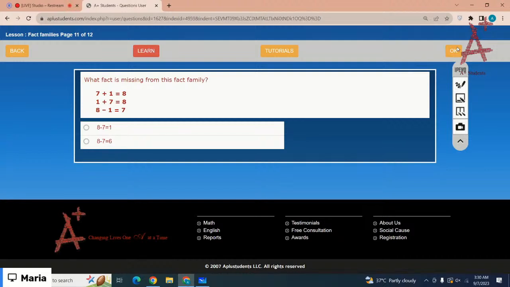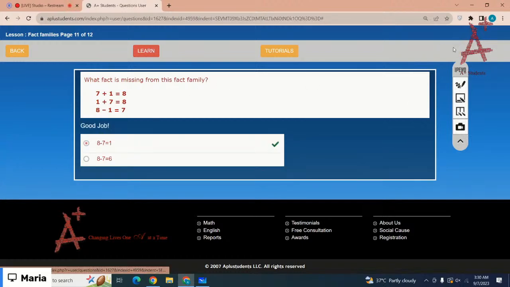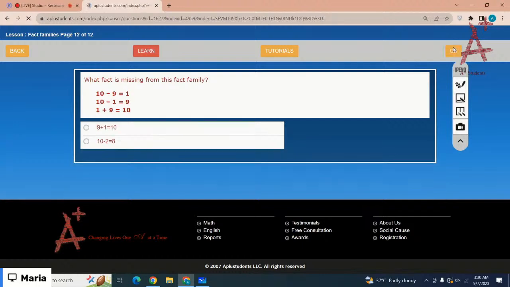What fact is missing from this fact family? Which is the correct option? The correct option is option number 1. 8 minus 7 equals 1. What fact is missing from the fact family?